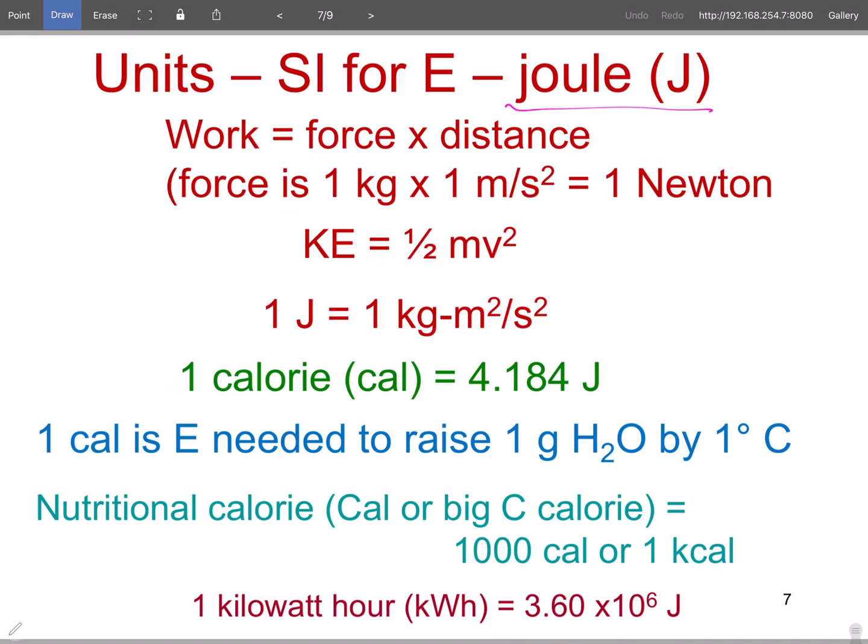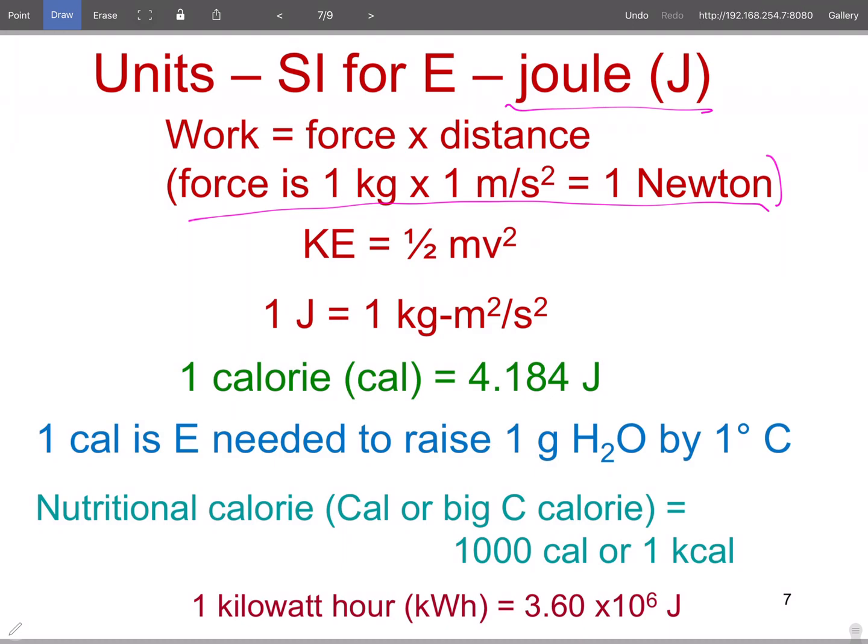We call that joules, and work, remember, is force times distance, so that'd be kilogram per meter squared, so that's a Newton. Again, I point that out because you can get it. We don't use the force in chemistry. You know, not the Star Wars force anyway. I mean, Star Wars force maybe, but not the physics force.